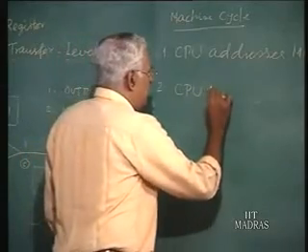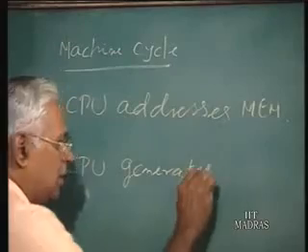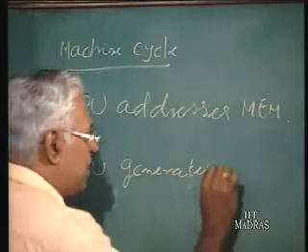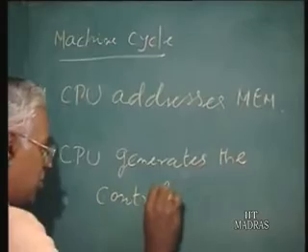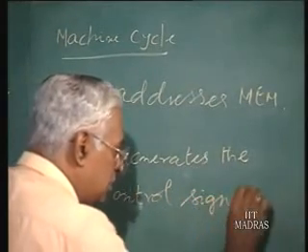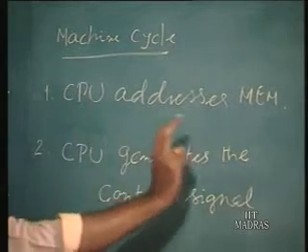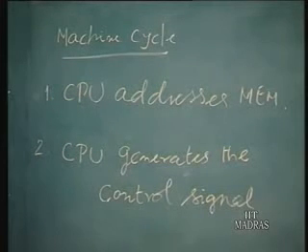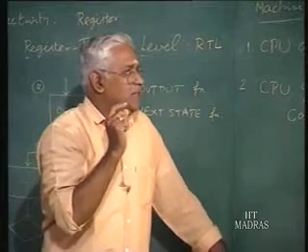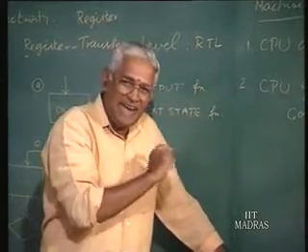So the CPU generates, in general, a control signal. What is that control signal? Now in the case of instruction fetch, it's essentially that the memory must send the instruction. With reference to the CPU, the instruction word comes over the bus as data.